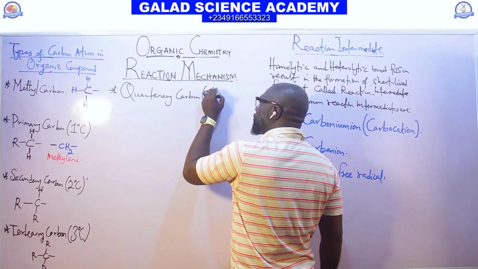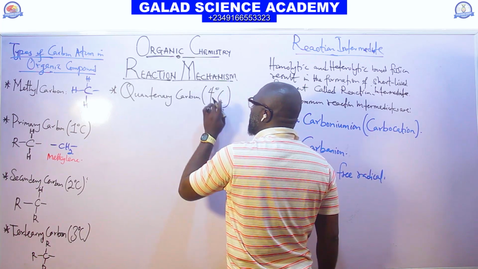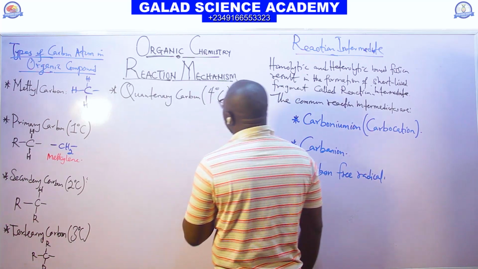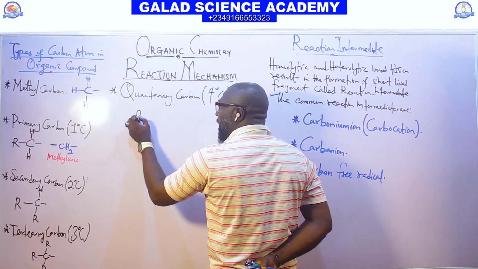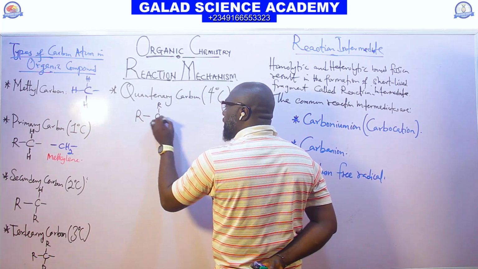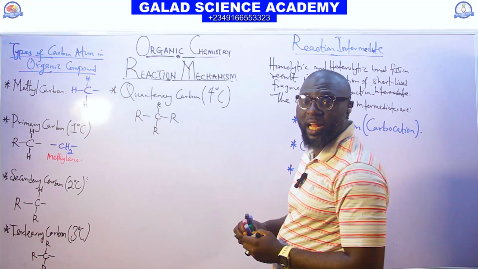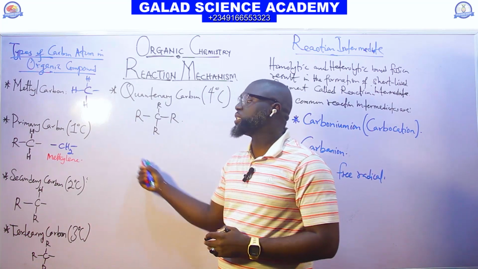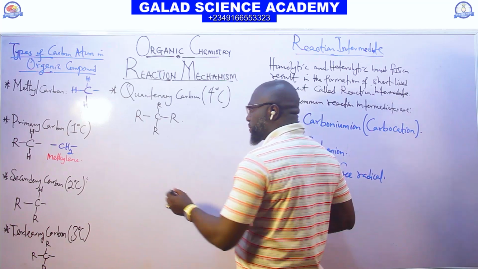Quaternary means four, 4 degree C. This quaternary carbon is a carbon that has four alkyl groups. So any carbon that has four alkyl groups is called a quaternary carbon.